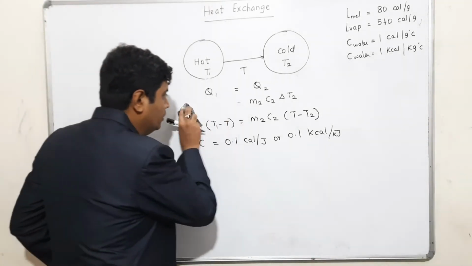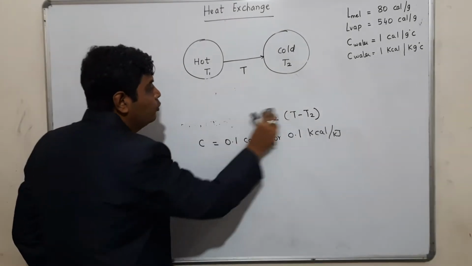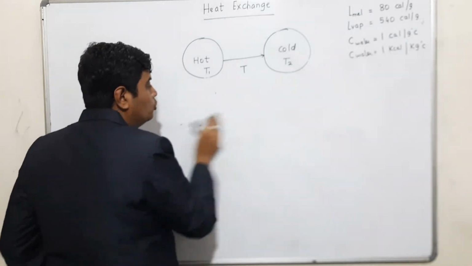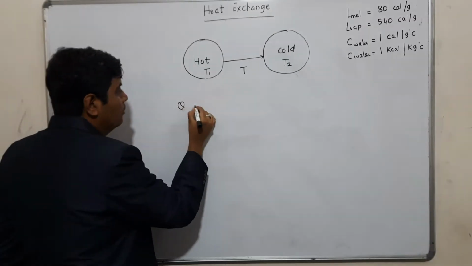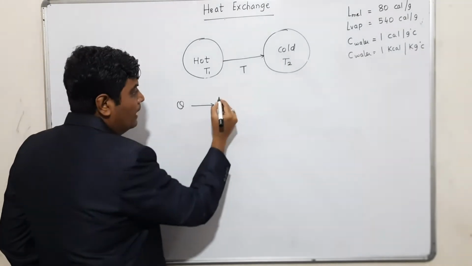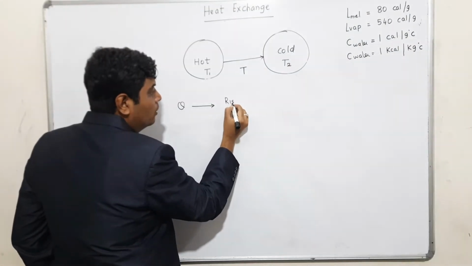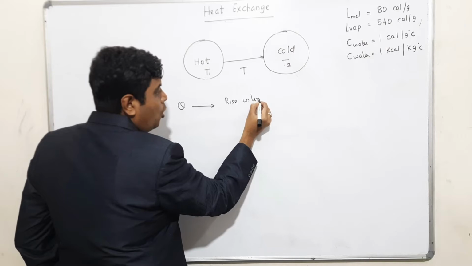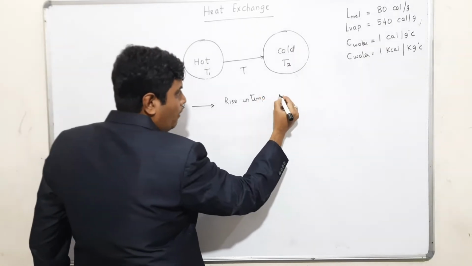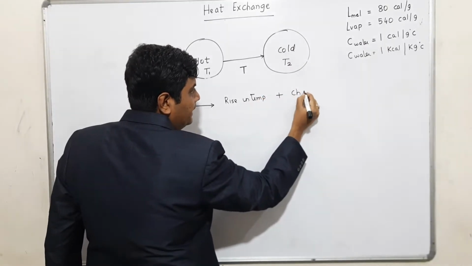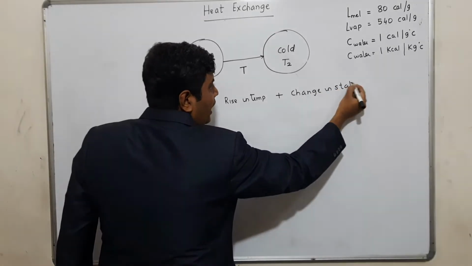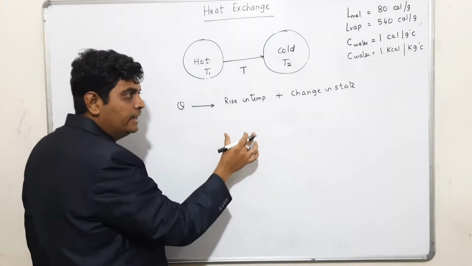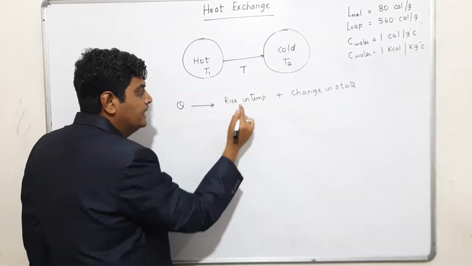Second, whenever you supply heat to a body, it will do two things. The heat supplied will result in a rise in temperature or fall in temperature, plus a change in state. So what is the heat taken by the body for a rise in temperature?